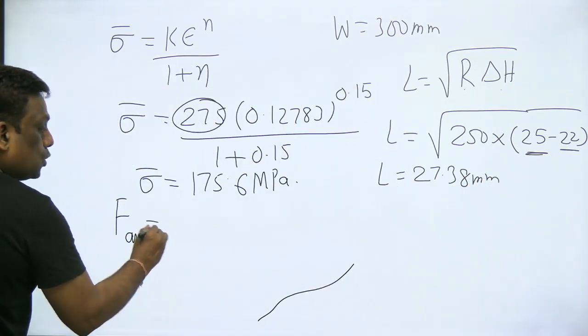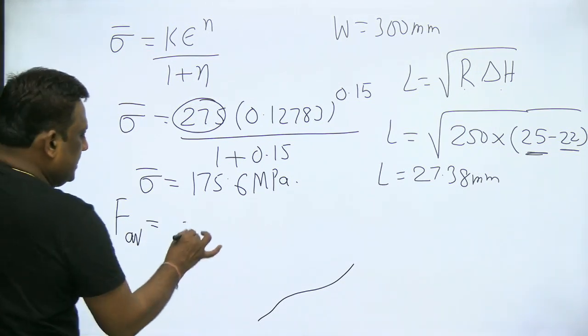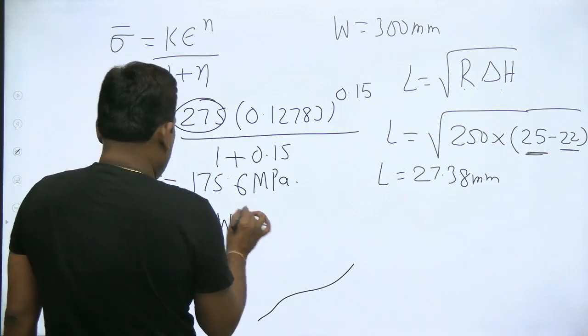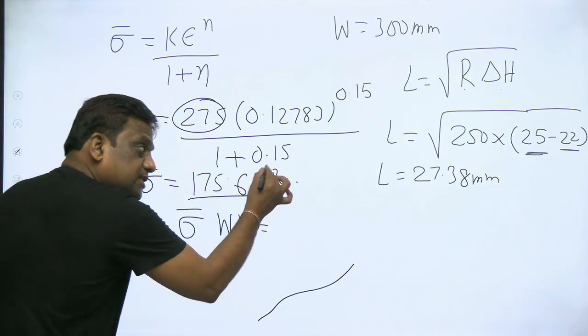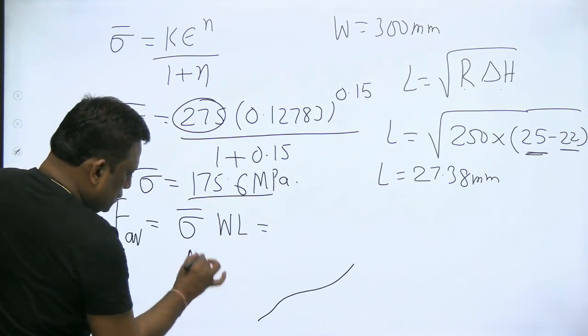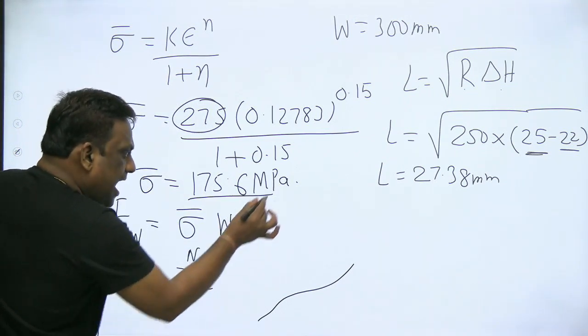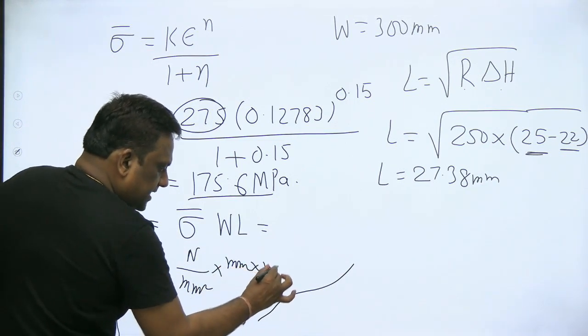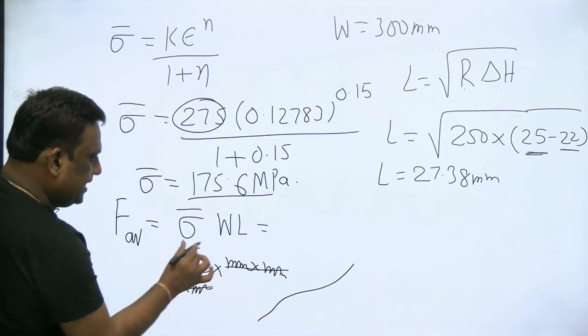I just told you, roll separating force or roll force is sigma bar into width into length. So therefore, sigma bar, listen carefully, what is megapascal? Newton per mm square. I repeat, megapascal means Newton per mm square. Width is in mm, length is in mm. So therefore, the answer will be in Newton.